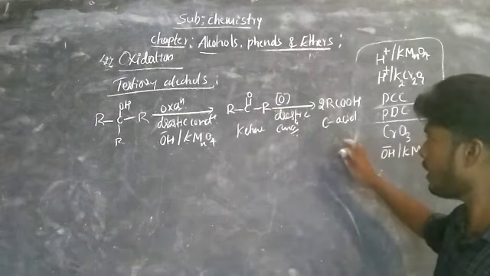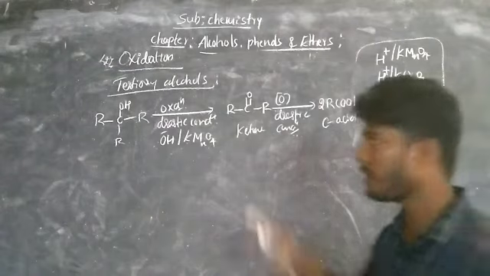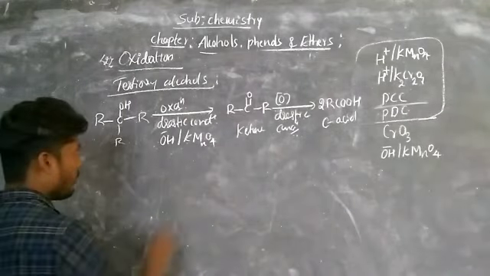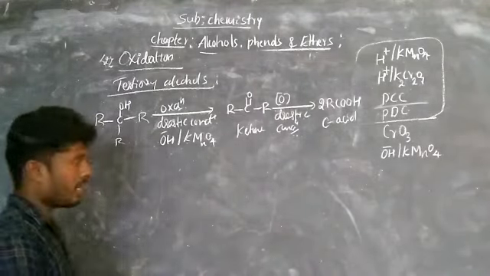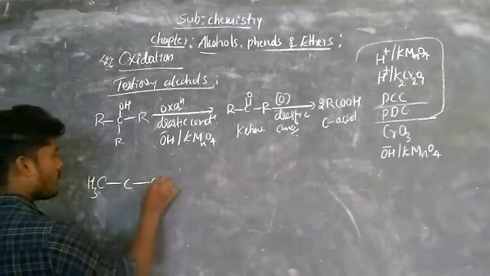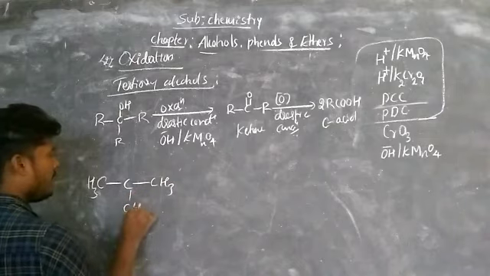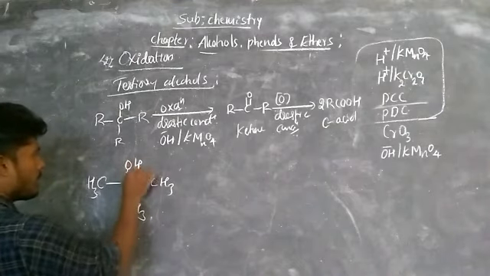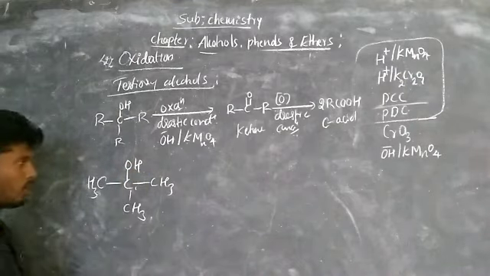This is the chemical reaction for tertiary alcohols when we are oxidizing with a particular oxidizing agent. Similarly, for example, take CH3, CH3 and OH. That is tertiary butyl alcohol.